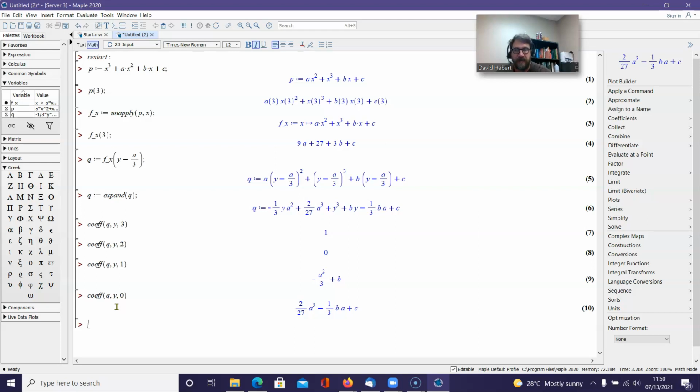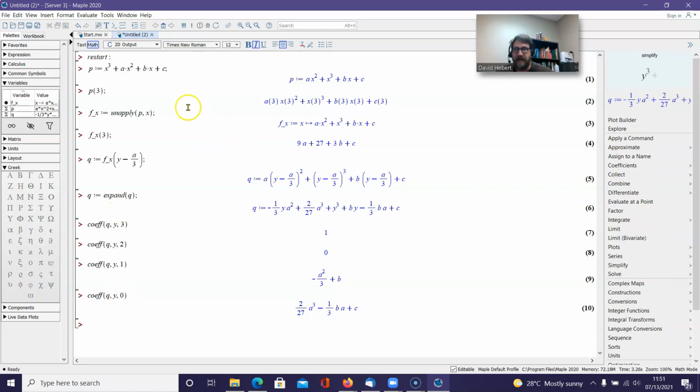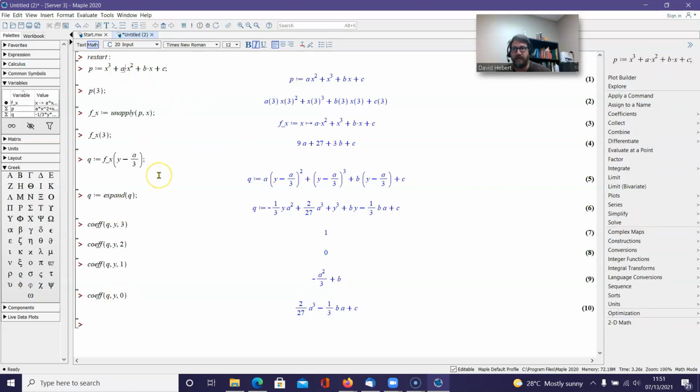So now, here we are, and I've walked you through this, and I'm using this software to help me see how I can do this. Now, since all of this works, I can either start a new worksheet, or I can go back up to the top and replace the A's, B's, and C's with different values if I want.